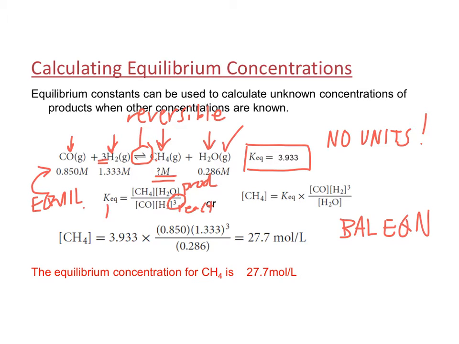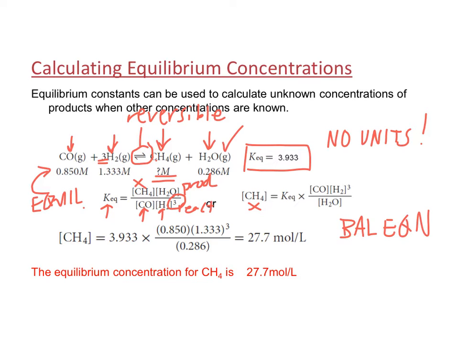We know the value for K. We know the value for these other two reactants and one of the products. We're asked to find the concentration of methane. So methane will be our x. We're going to solve for x.